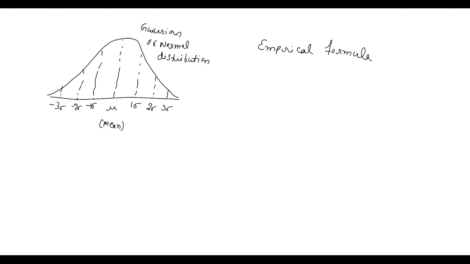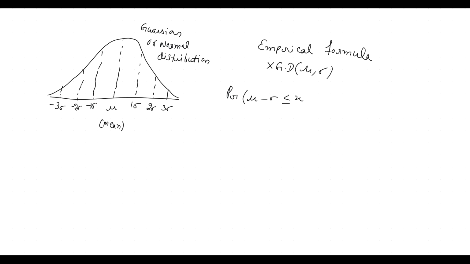Now we will calculate the empirical formula, the distribution of the data. So what was the formula? We were doing it like this, right? Gaussian theorem of mu and sigma. So the probability of finding the first standard deviation will be this: mu minus standard deviation less than or equal to your X data point.